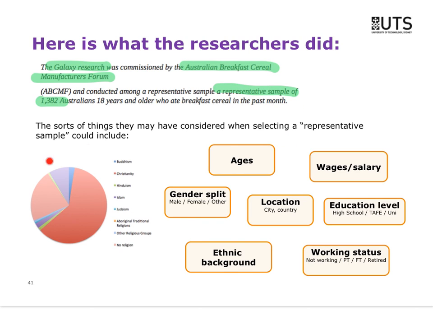Did they think about a mix of religions, ages, wages, education levels, locations, working status, ethnic background, gender split, or did they pick people who would be more likely? When I think about my friends, who is more likely to eat vegetables in their cereal and do a lot of this really strange sounding stuff?